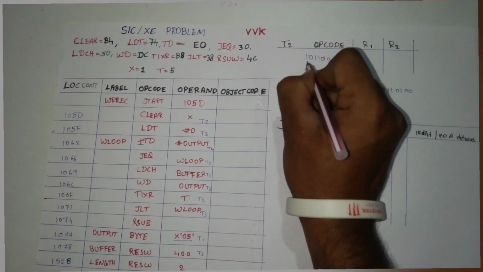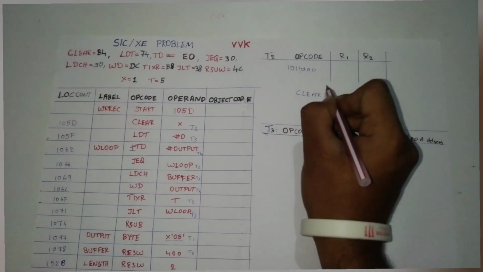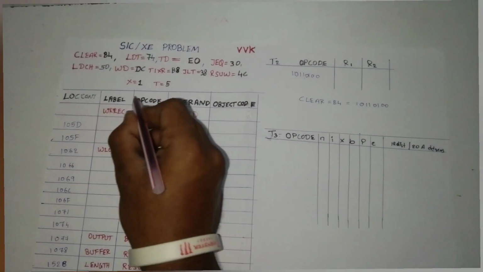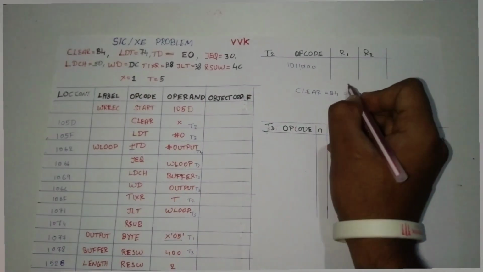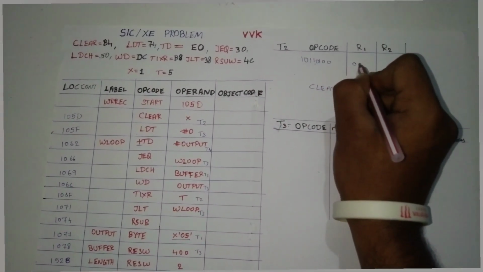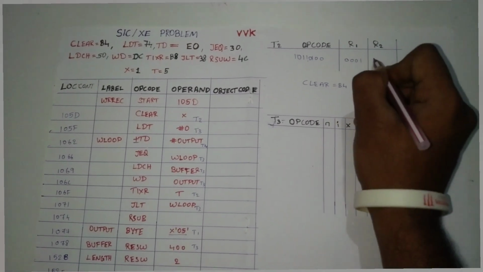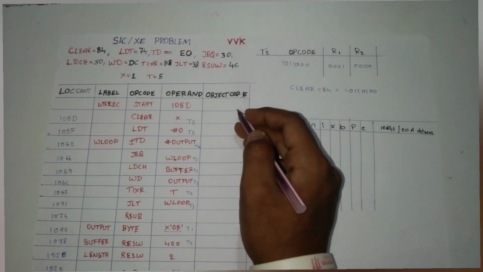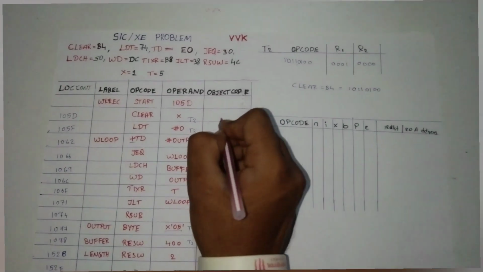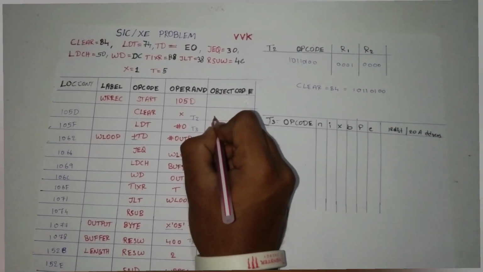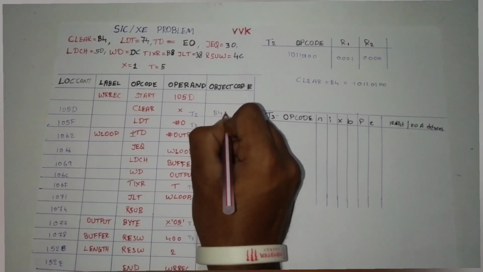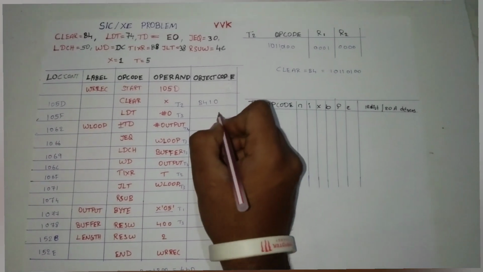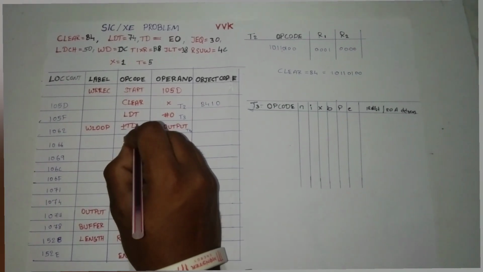Then for the register, the X value is given as 1, so the binary value of 1 will be 0001, and register 2 is not there, so 000. Converted to object code, it will be B410. That is CLEAR.